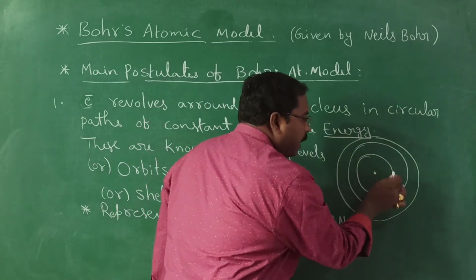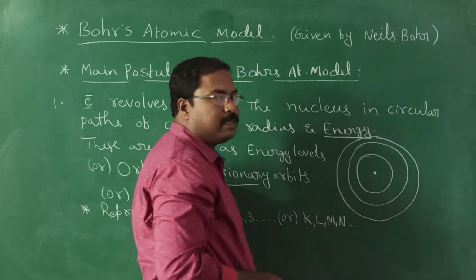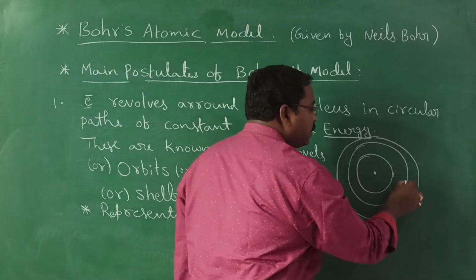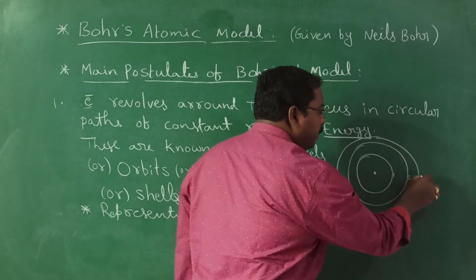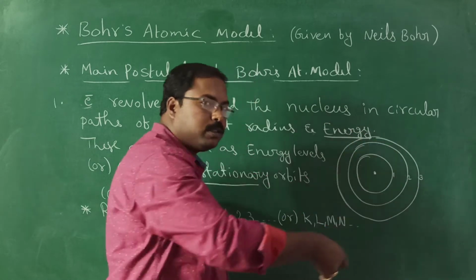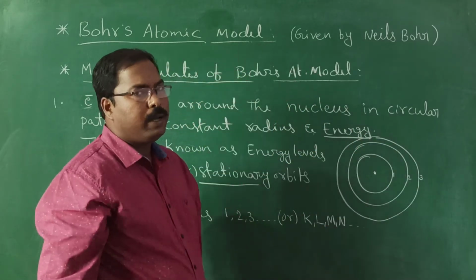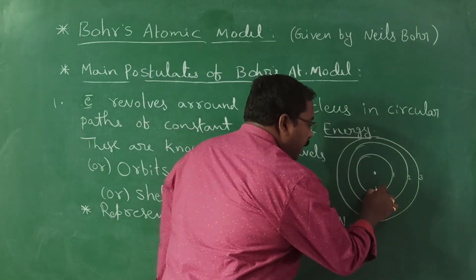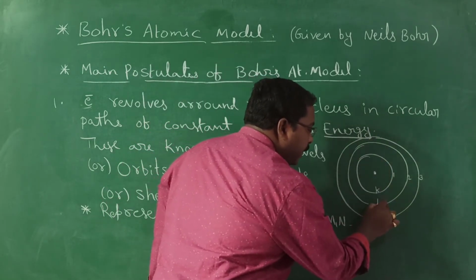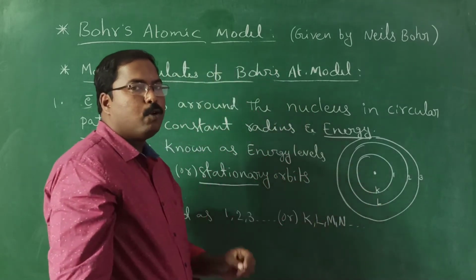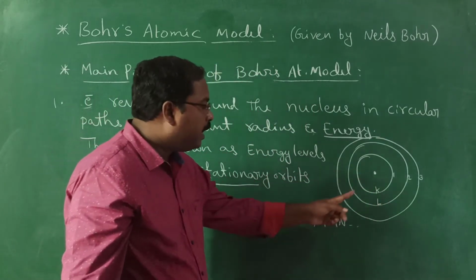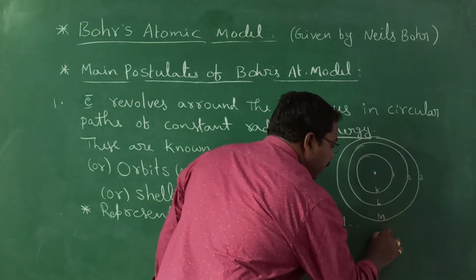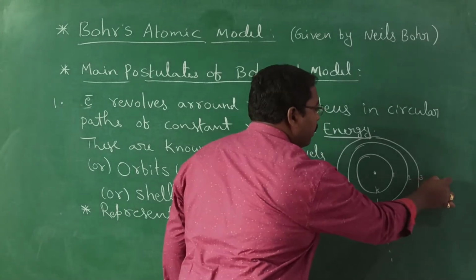The circular path very close to the nucleus is the first orbit, then second orbit, third orbit, fourth orbit, fifth orbit, up to infinity. We use the letters when writing electronic configuration: K shell, L shell, M shell, N shell, and so on.